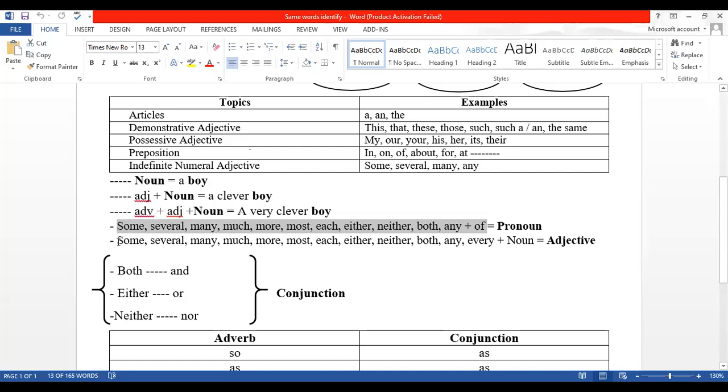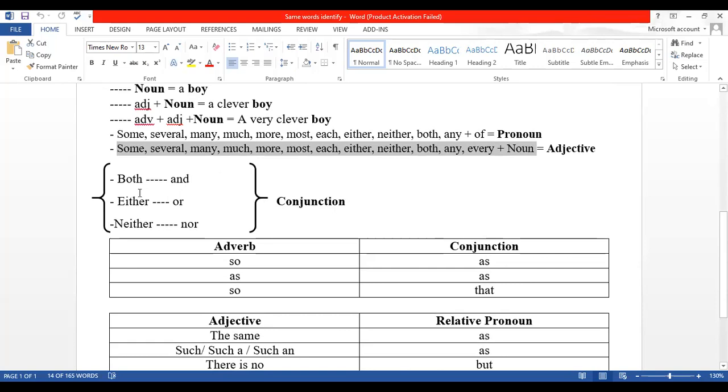Then if you get a noun after these words, then these words will be adjectives. But of course, we have to get a direct noun. Suppose every boy, some boys. Here, some is an adjective. And if you get like this, some of the boys, here some is a pronoun.